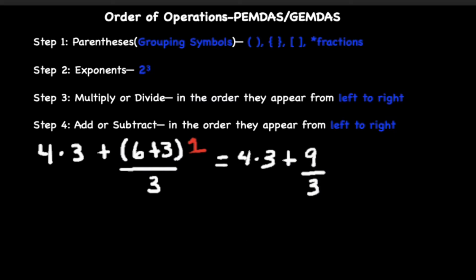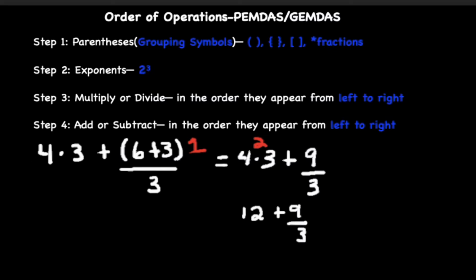Now what do you think our next step is? It's not exponents, because we do not have exponents, so it will be to multiply or divide, whichever comes first. In this case, we have multiplication before division. So this is our second step. Let's solve that. 4 times 3 is 12 plus 9 divided by 3.